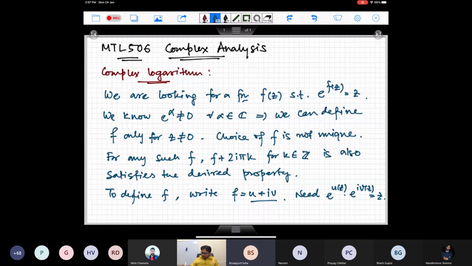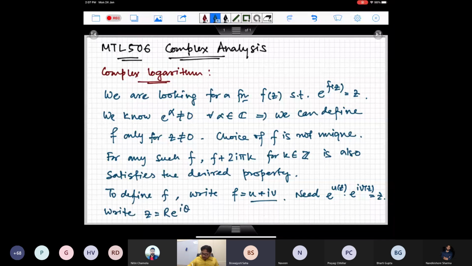Now what do I do? This one is a purely real number, and this one is e power i times some real number. So this should immediately bring the polar representation to your mind. Let us write z equal to r e power i theta.